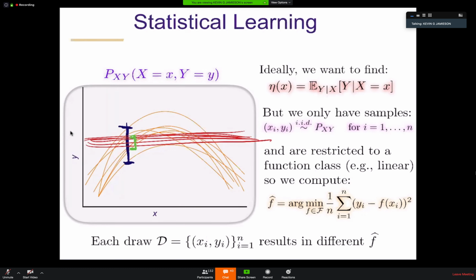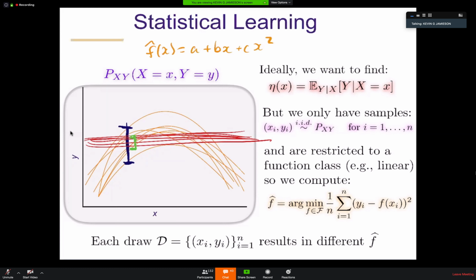I'm implicitly assuming here that my class of functions, these arc-like functions, looks something like f hat of x is equal to some constant a plus some linear term plus some quadratic term. That would create my arc.